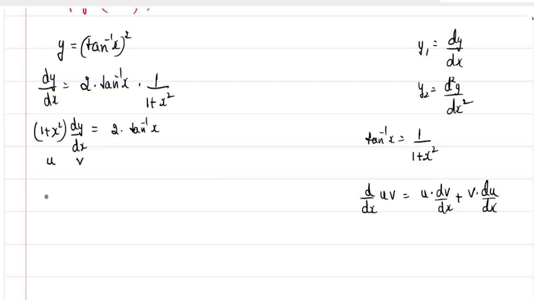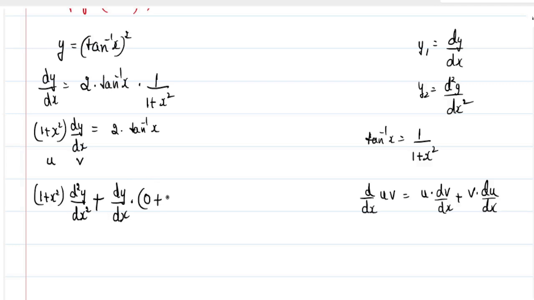What we get is u, which is 1 plus x square, into dv by dx, that is differentiation of dy by dx. We get d square y by dx square plus v into du by dx. What is v? dy by dx into u, differentiation of 1 plus x square. Differentiation of 1 is 0.